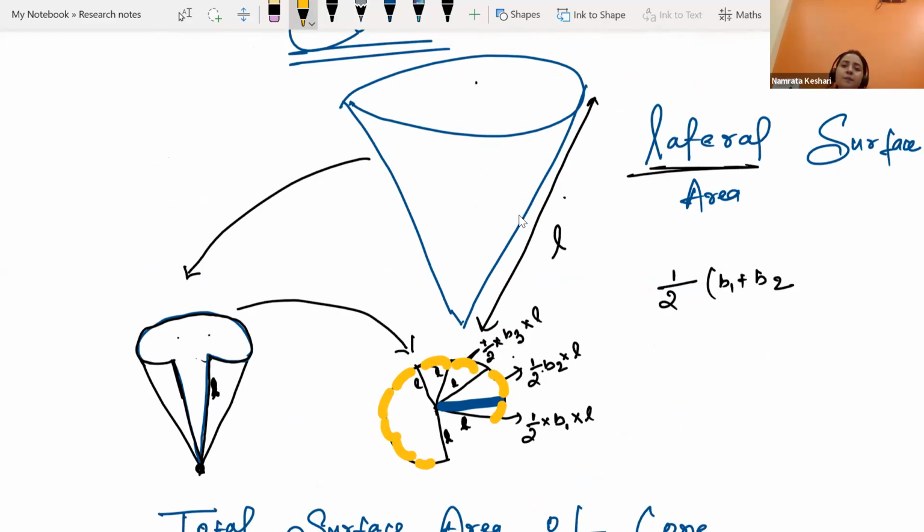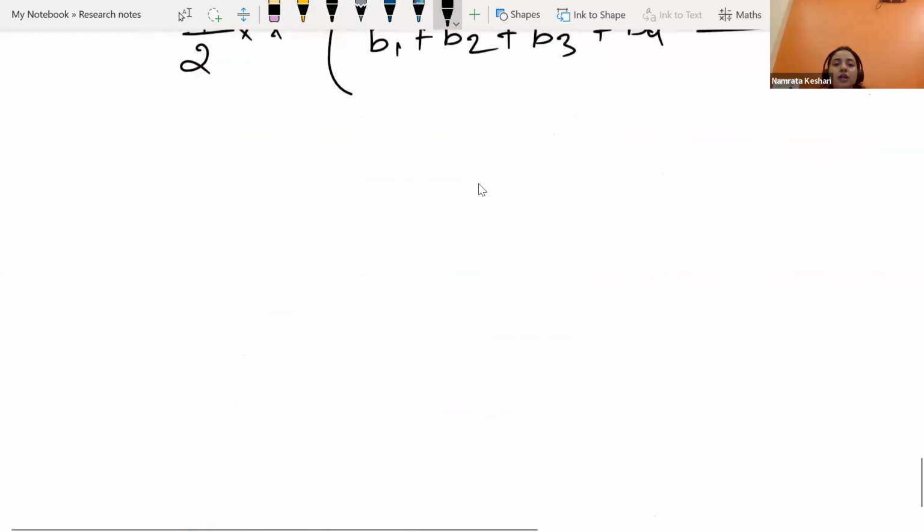If you add all of them, that means just the circumference of the circle. Boundary of the circle, perimeter of the circle, that means circumference of the circle.